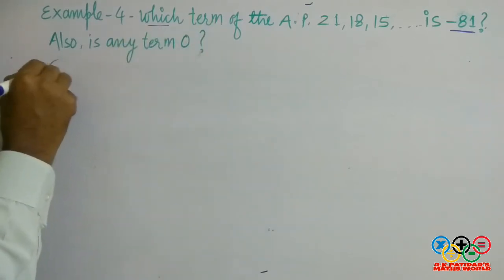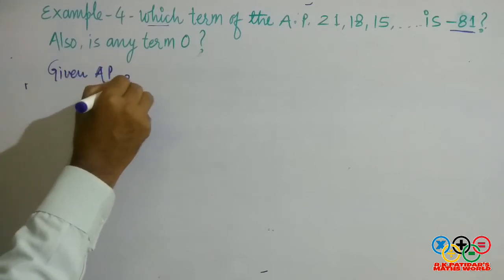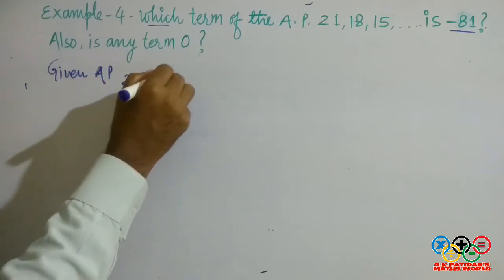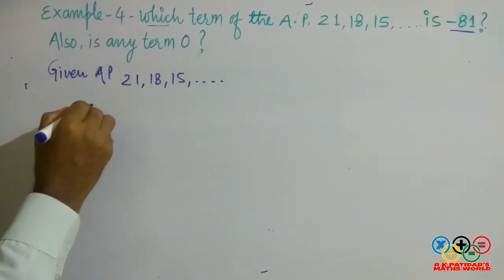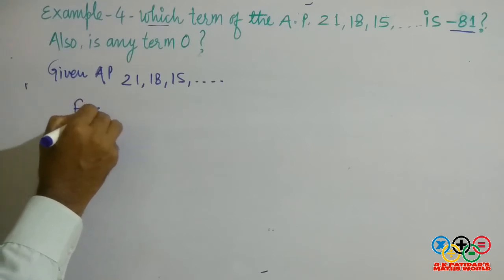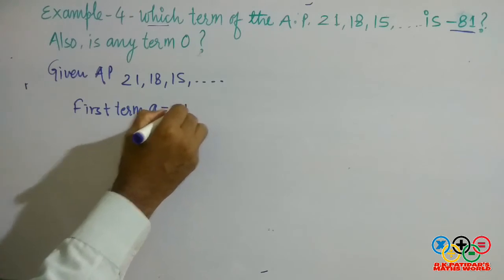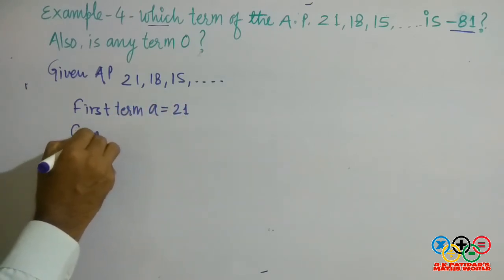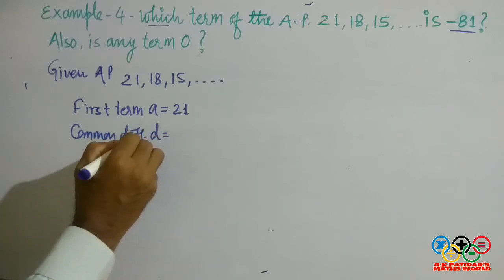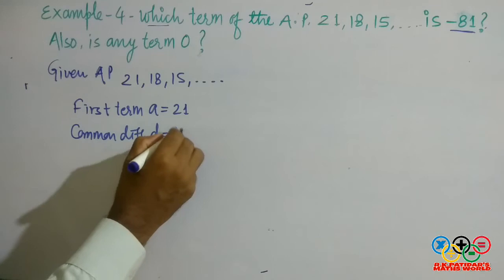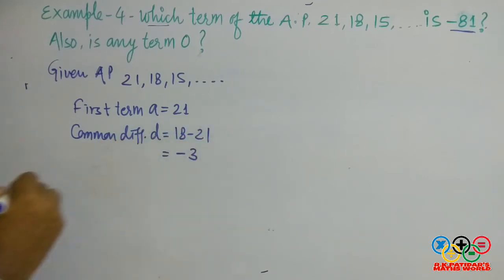So first of all, the given AP is 21, 18, 15 and so on. The first term a is 21 and the common difference d is equal to 18 minus 21, that is minus 3.